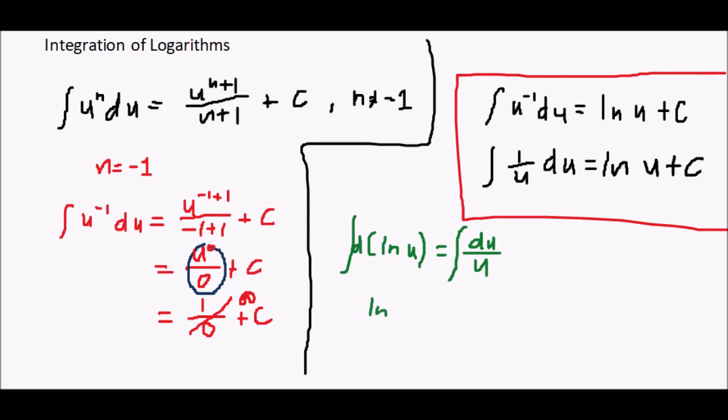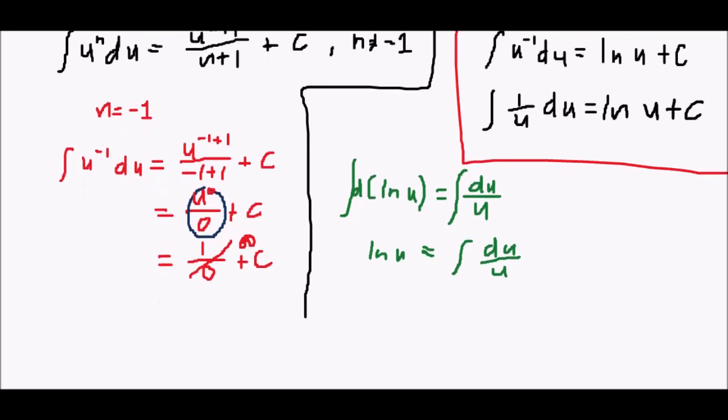this one will just become ln u, which is equal to the integral of du over u. And since we are integrating indefinitely, by the property of an indefinite integral, we usually add c.